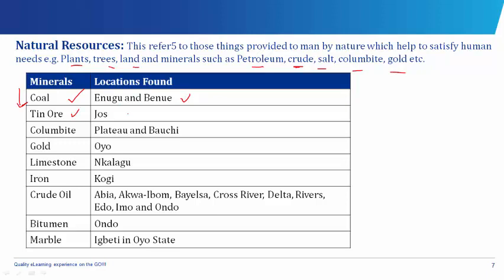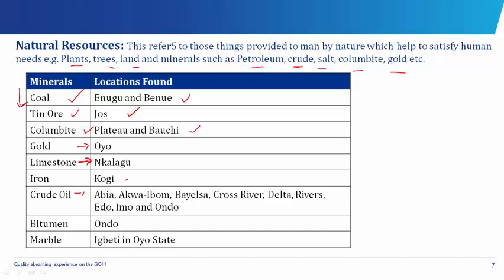Tin is found in Plateau state. Then columbite, also in Plateau and Bauchi states. Gold, Oyo state. Limestone, which is used for cement production, in Kalagu. Then iron, Kogi state.